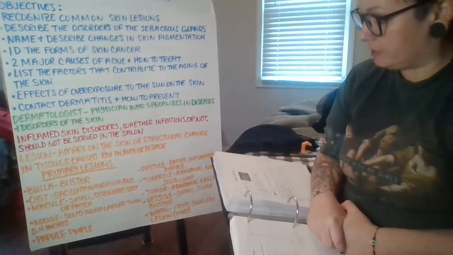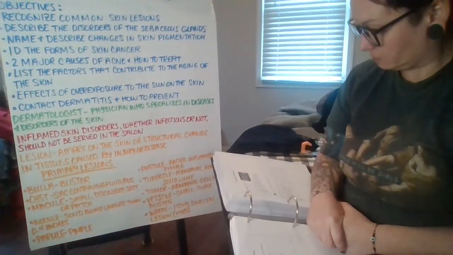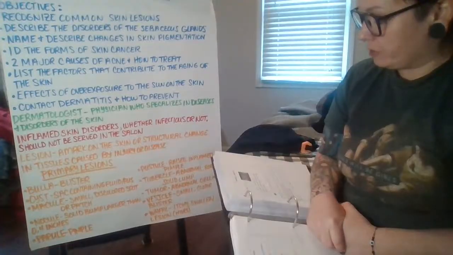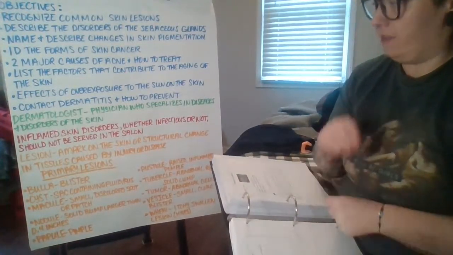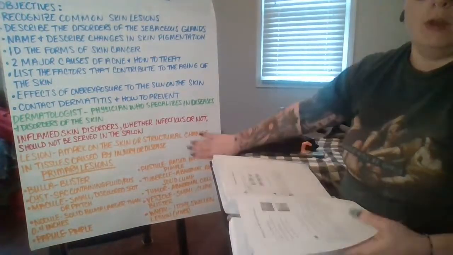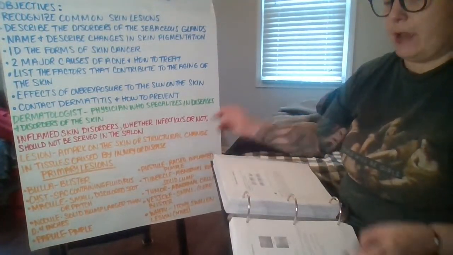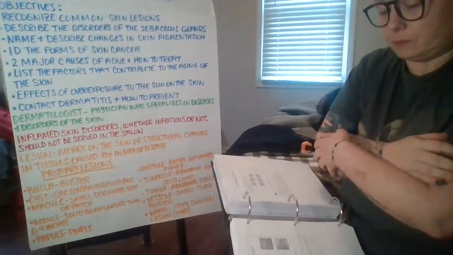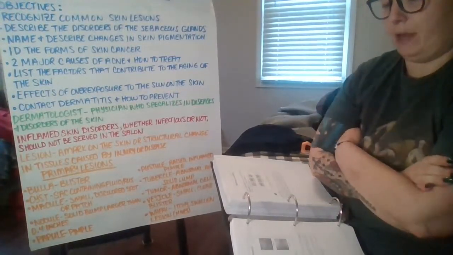A papule is a pimple, a small circumscribed elevation of the skin that contains no fluid but may develop pus. A pustule is a raised, inflamed pimple. It does contain pus.